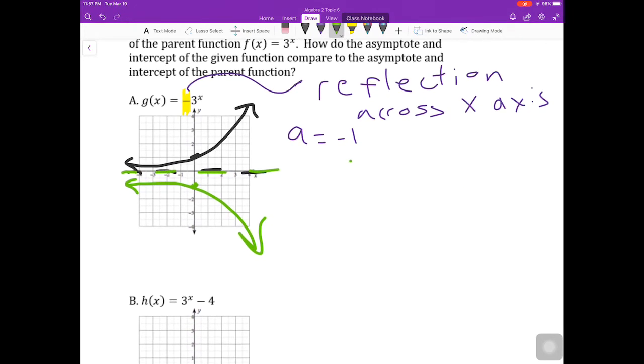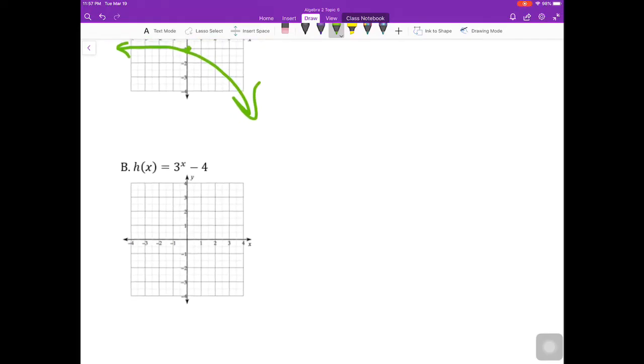Okay. Now on your next one, I want you to think about this one a little bit differently. So again, our parent function, I'm going to put on here in black for h of x. Got our y-intercept there at 1. And there's our growth. Okay, we're still doing growth here, but we need to pay attention to that -4.